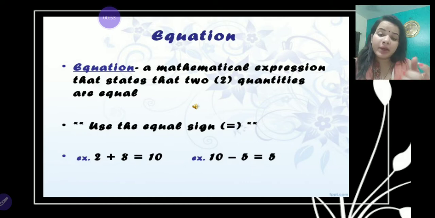Whenever any statement or expression is written having an equal to sign, which means your left hand side and right hand side of the equal to sign are equal, okay, both the sides are equal, then such type of expression or statement is known as an equation. For example, 2 plus 8 equals 10. This is an equation.